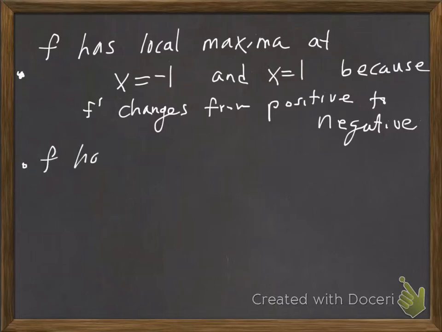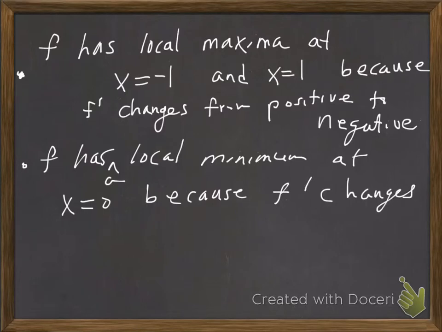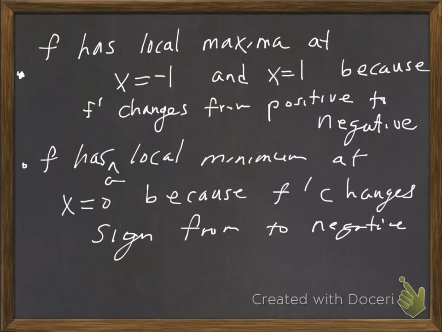Moreover, f has local minima, actually a local minimum in this case. f has a local minimum at x equals 0, because f prime changes sign from negative to positive.